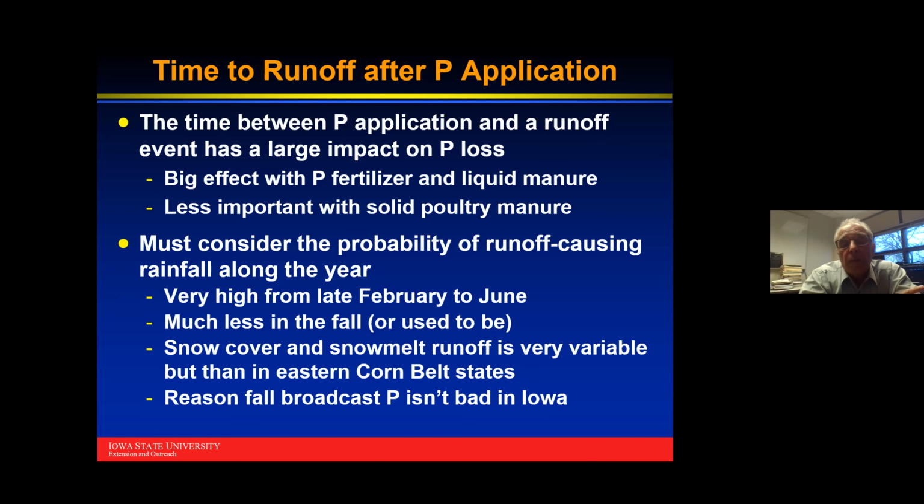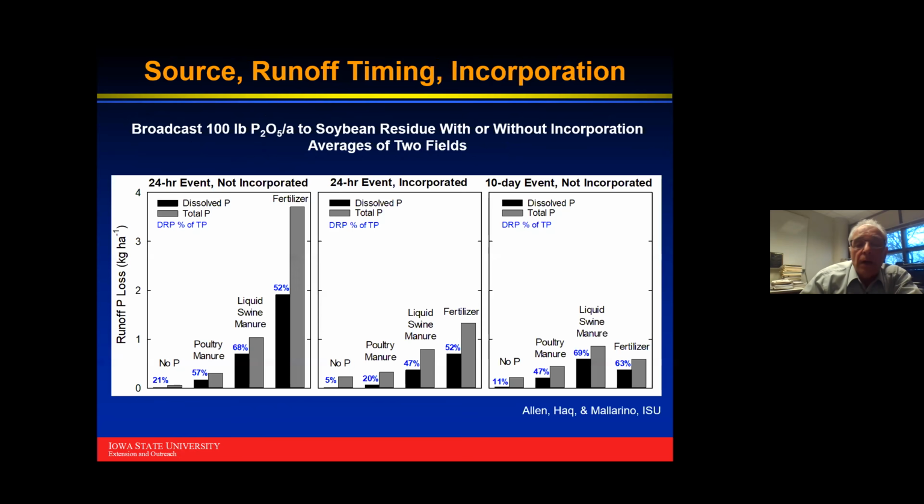So this is very important because Iowa soils do not fix, quote, much phosphorus, low P fixation capacity, but they are able to retain phosphorus, okay, which is not the same thing. This is an example in which, again using rainfall simulations, we didn't have the beef manure in this case. We compared poultry manure, solid, liquid swine manure, and fertilizer, at the same rate, okay?